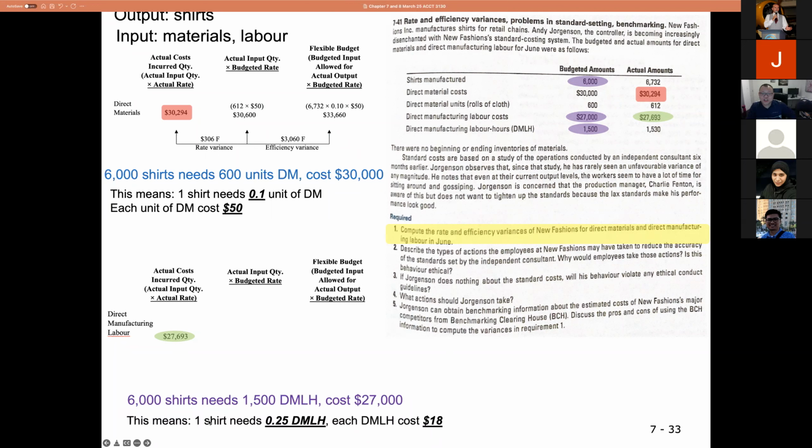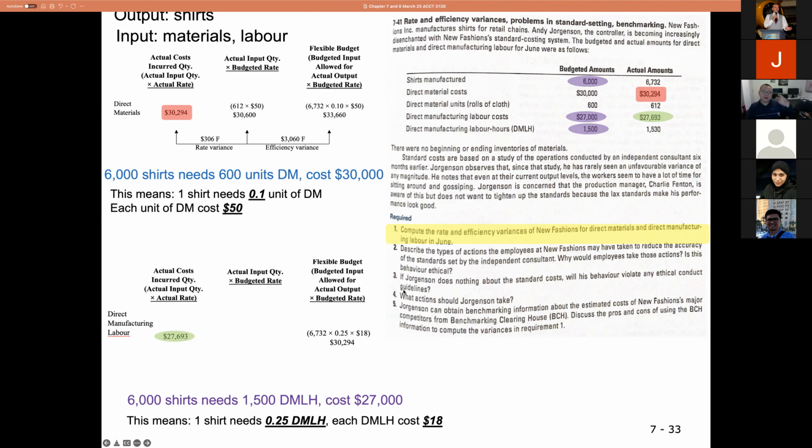This tells me each shirt will need 0.25 direct manufacturing labor hour, and each hour costs $18. How did I get 0.25? You use 1,500 divided by 6,000. How do I get $18 per hour? You use 27,000 divided by 1,500.